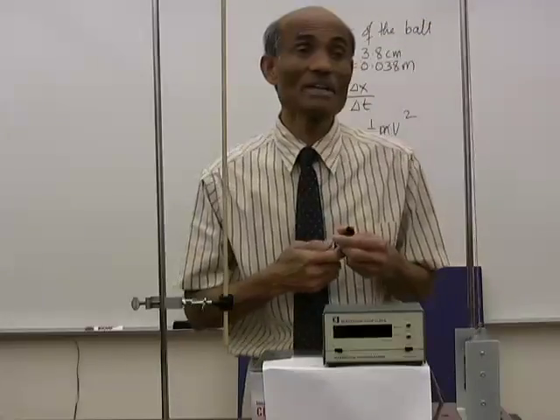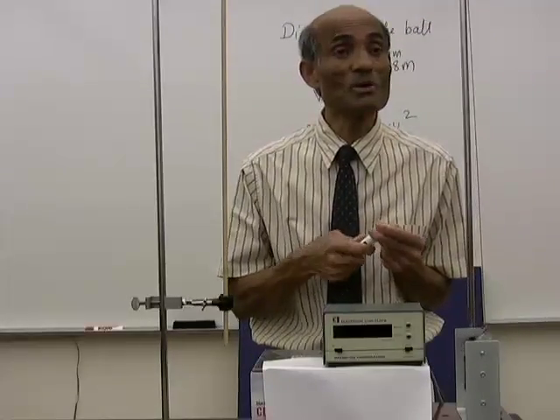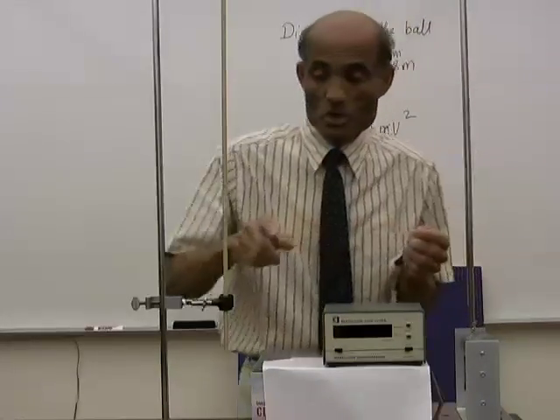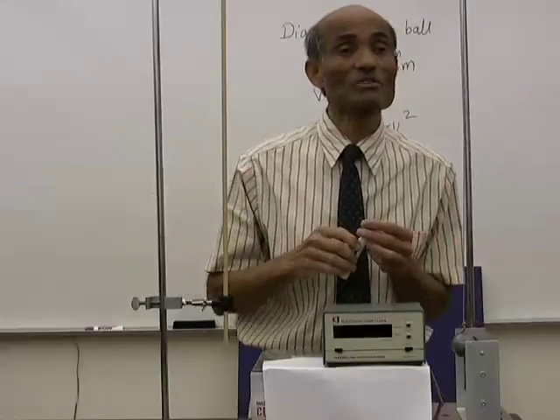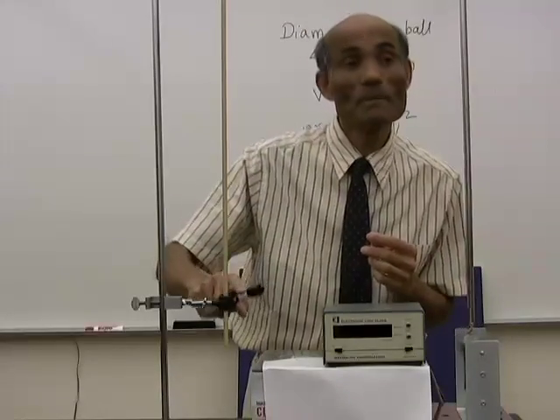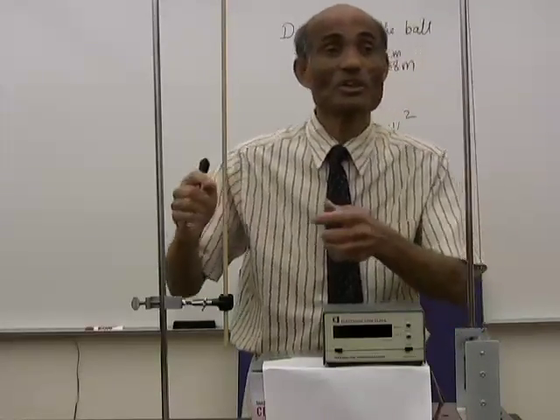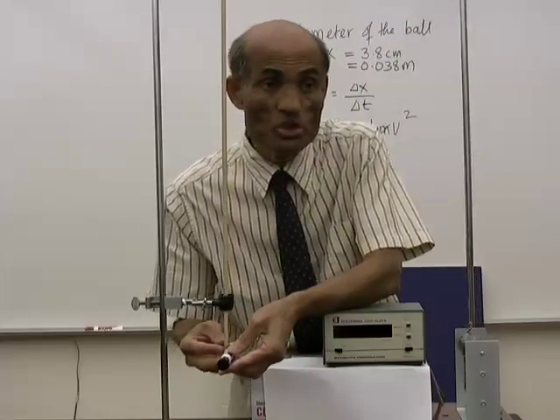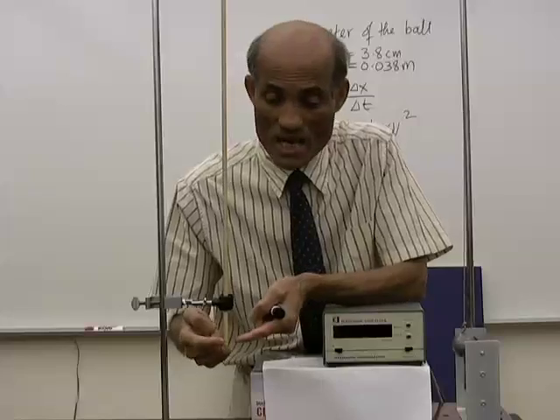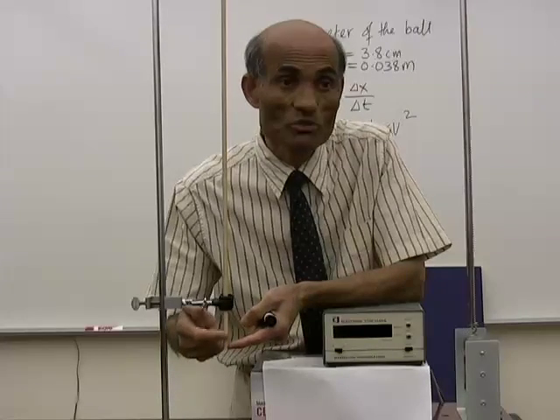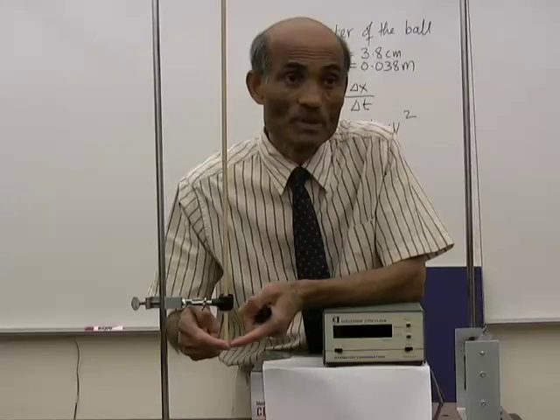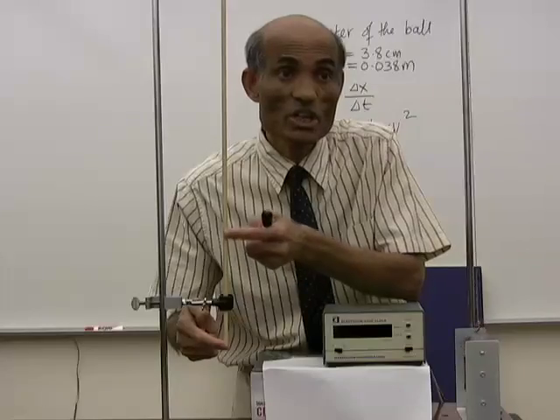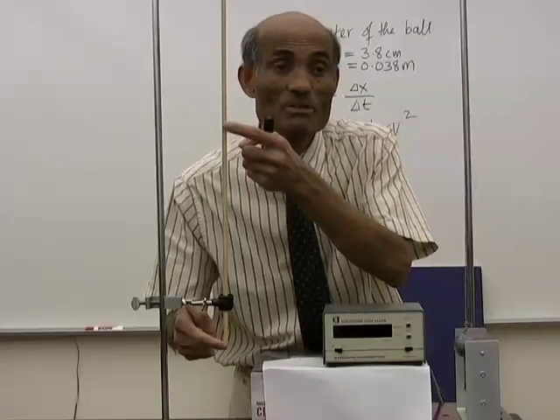Okay, so what are the values that you are going to measure? I'm going to change h values. So you will measure the h values. You have the conversion factor. Remember the initial position is here. So you will start your measurement from this position of the ruler. So measure h each time I repeat the experiment.